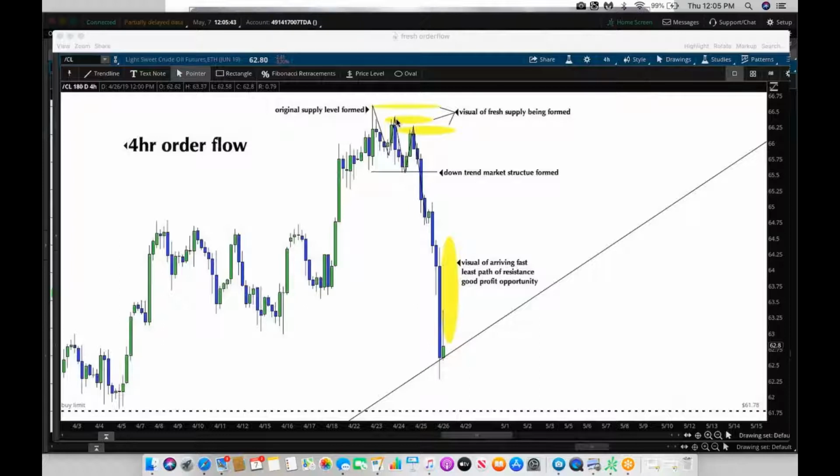If you had already set up with your sell limit at this oval area, this price area here, the market got you in. And this is what I'm saying: you have to be able to recognize this, because if you set your sell limit at this level of supply here, you're not going to get in, because the market is going to be stopped by the price here because it has formed a fresh level of supply.